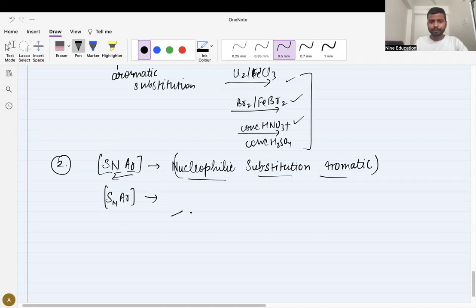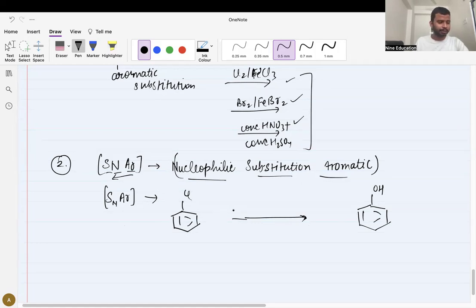See, let's say I have a chlorobenzene, and I want to make this chlorine into OH, phenol. If I want this, first what you have to do is put NaOH in the reaction at 623 Kelvin and 300 atm. 623 Kelvin is a very high temperature.